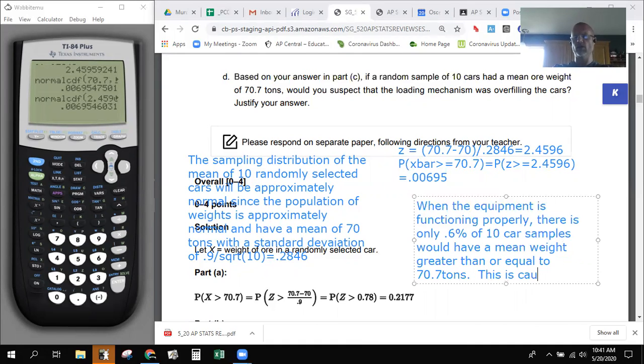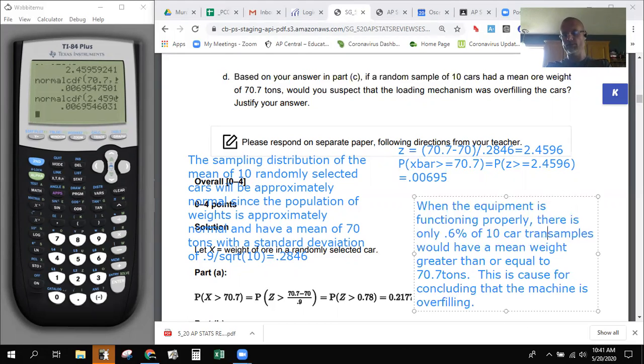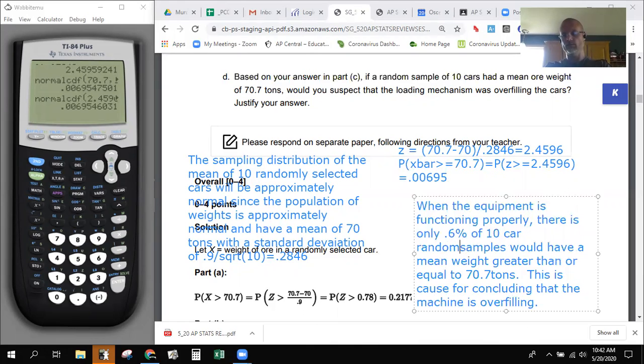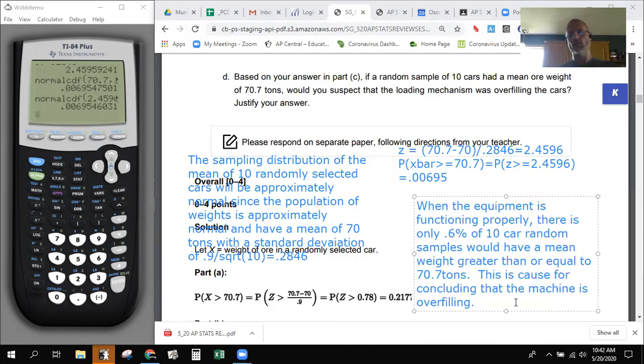This is cause for concluding that the machine is overfilling. I should probably say 10 car random samples. All right, there we go.